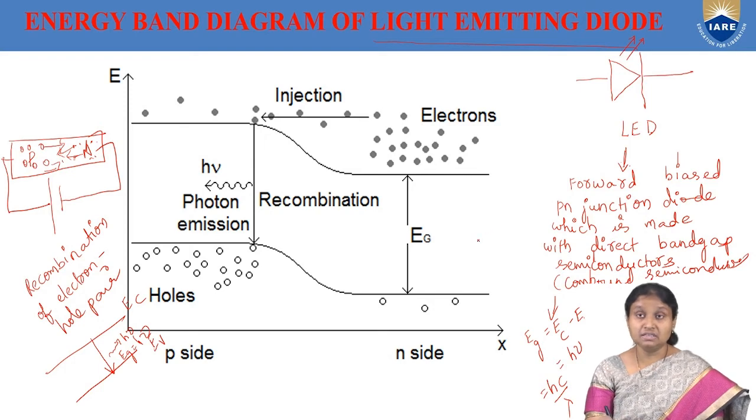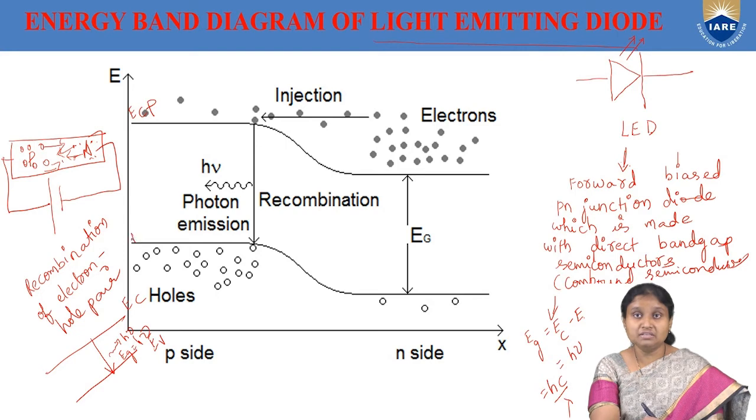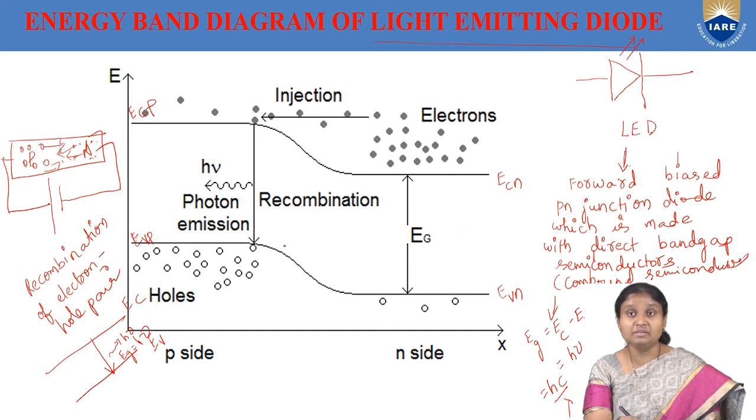As you can see, this is the energy band diagram of a PN junction. This is the P side and this is the N side of the PN junction. This is the conduction band and valence band in the P side, and this is the conduction band and valence band in the N side. We know that the conduction band and valence band in the N region are lower than those in the P region.